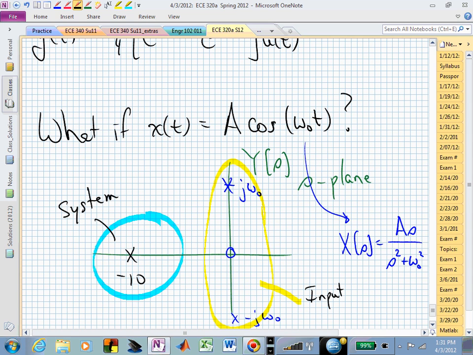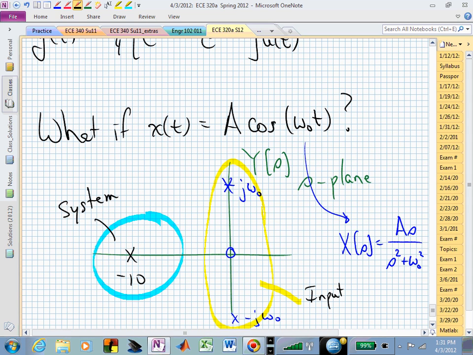So now I'm shaking that filter at omega naught. And that corresponds to this. Now, what kind of a y of t are you going to see? You'll have a decaying exponential piece due to that minus 10, and you'll also have a sinusoidal steady state piece due to those poles on the imaginary axis.